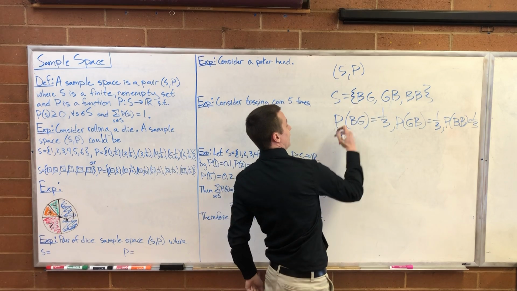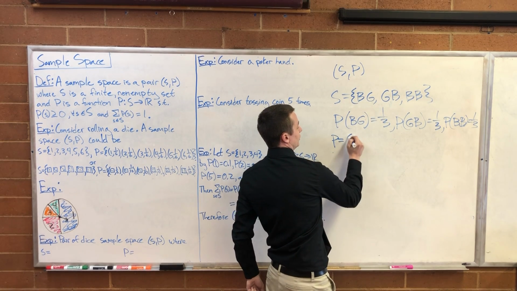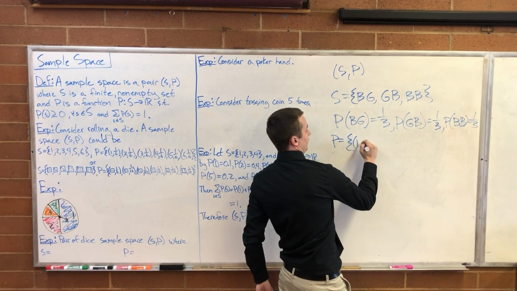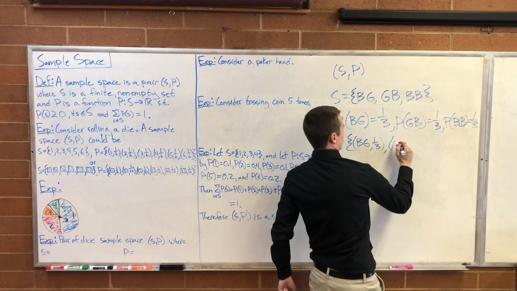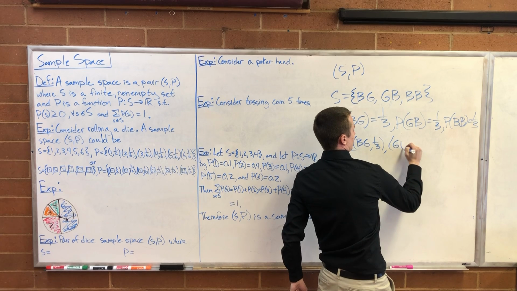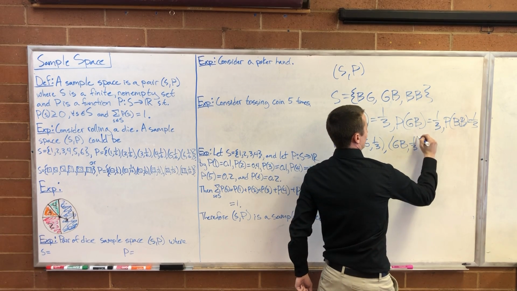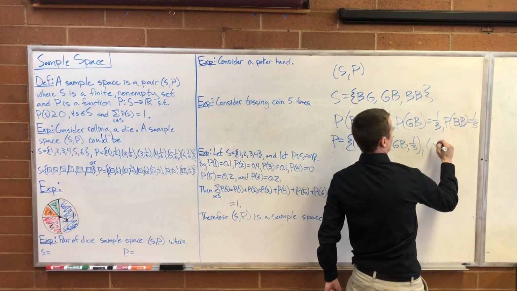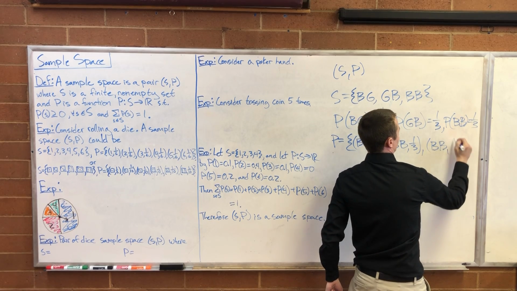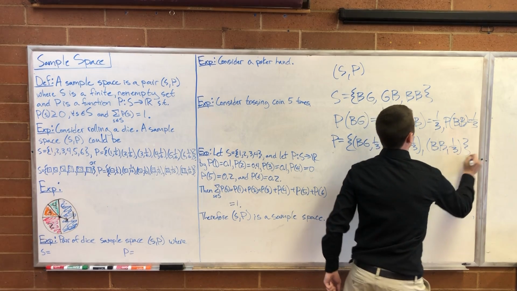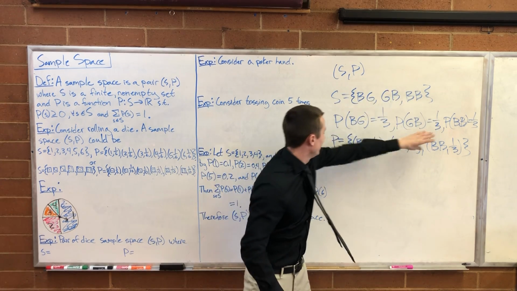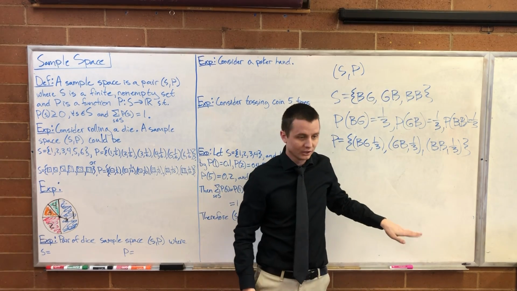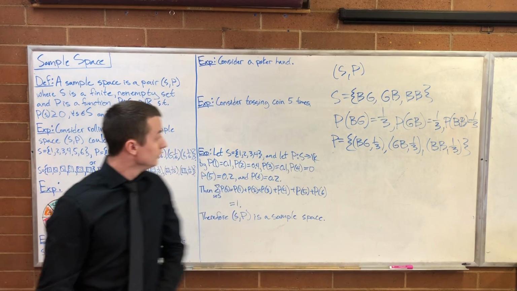So P, if we write it more explicitly, P is equal to the set of ordered pairs, BG goes to 1/3, GB goes to 1/3, and then BB goes to 1/3. So this is a sample space where S is this set and P is this set. That's an example of a sample space. And that's how we'll be writing it out in our homework.